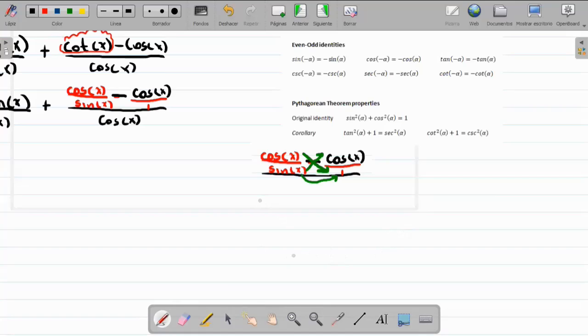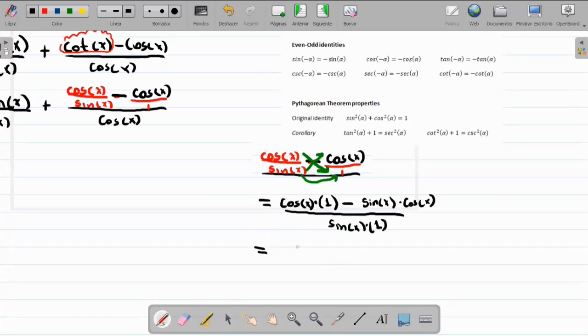So this expression becomes cosine of x, all that times 1, minus sine of x times cosine of x, and all that divided by sine of x times 1. Sine of x times 1 will be sine of x. And the same is going to happen here. If you multiply this times 1, it will be the same expression.